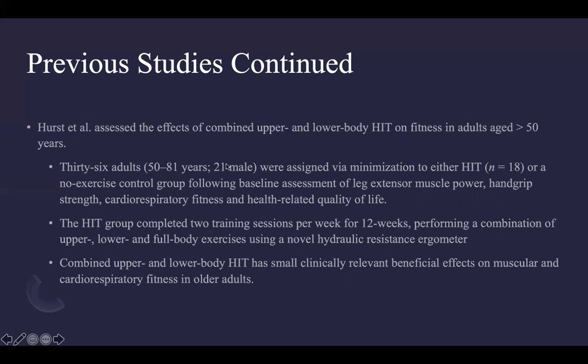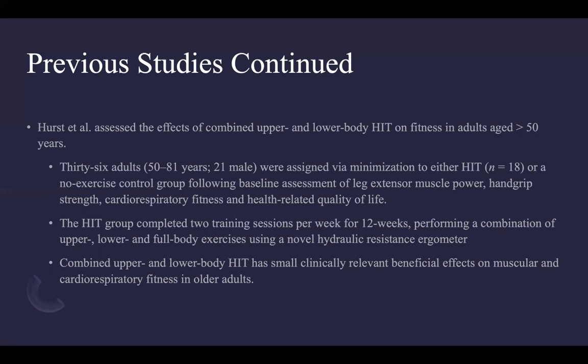In the last study, they assessed the effects of combined upper and lower body HIIT on fitness in adults aged 50 years and over. So it was 36 adults, 50 to 81 years. It was either a HIIT or a non-exercise control group, following a baseline assessment of leg extension muscle power, hand grip strength, cardiorespiratory fitness, and health-related quality of life.